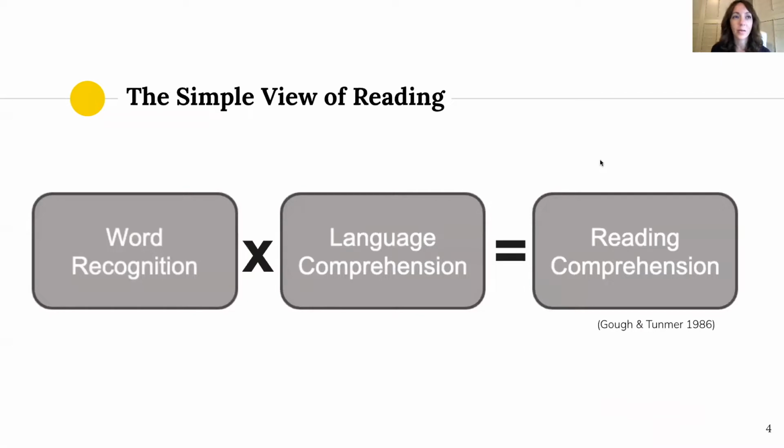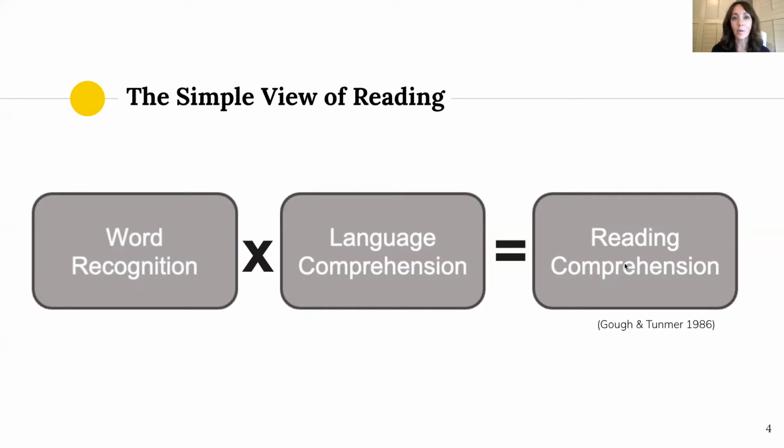Before we get started, I want to look at this model of the simple view of reading. The simple view of reading essentially shows us what pieces students need to be a reader. So often we start back here with reading comprehension. We want our kids to be comprehending what they read, and so we do a lot of instruction around reading comprehension.